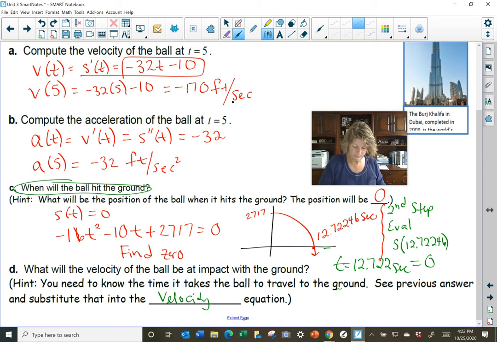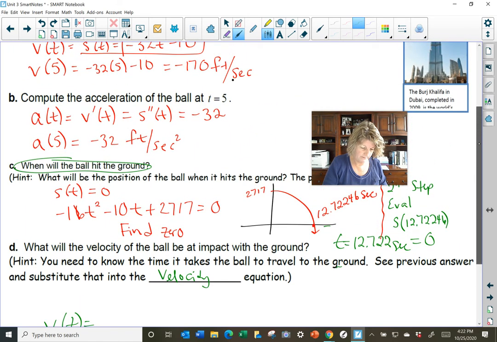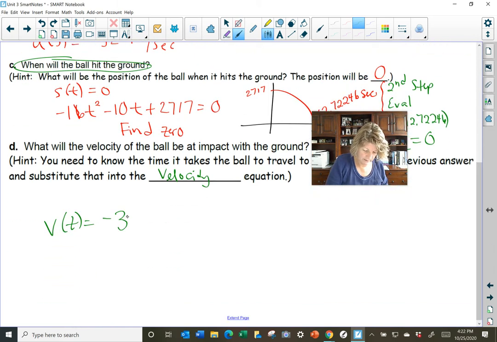All right. And my velocity equation was v of t equals, I forget it, negative 32t minus 10.